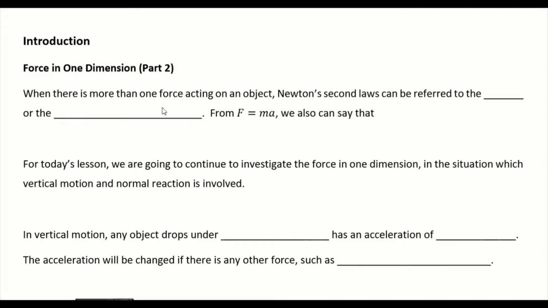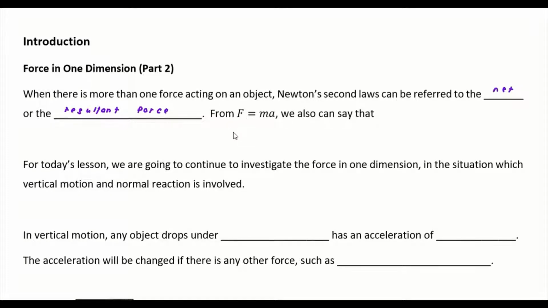When there is more than one force acting on an object, Newton's second law refers to the net force, or sometimes the word we used before, the resultant force. From the definition, force is proportional to the product of mass and acceleration, so the force here refers to one single force.